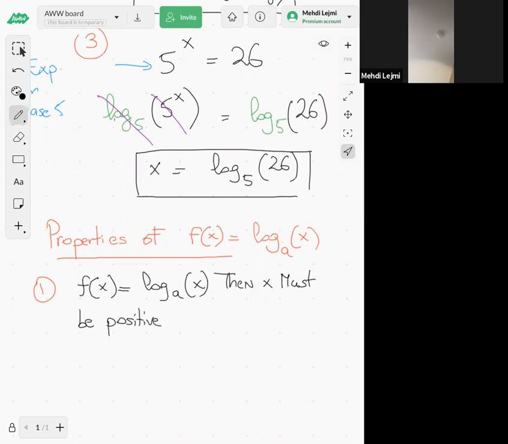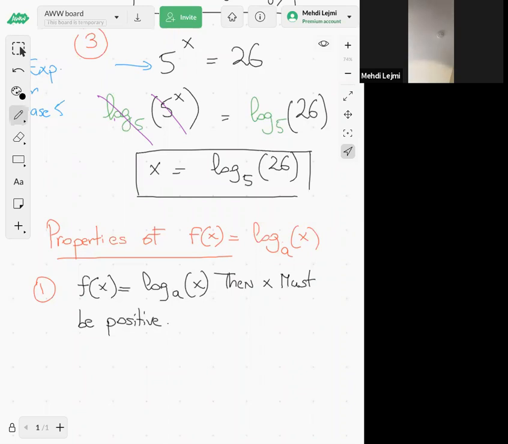It's like saying the square root of negative numbers is undefined. Square root of negative numbers are actually complex numbers. The same here for log. You need your x to be positive. Otherwise, log of negative numbers or log of 0 is undefined.